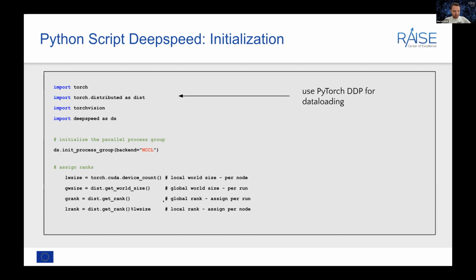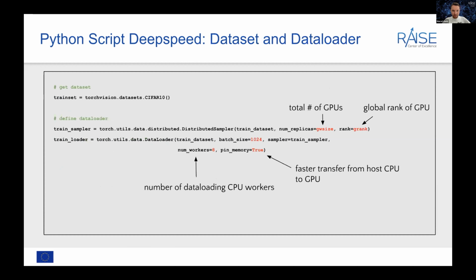And again, we assign the ranks here, as we did in the PyTorch DDP case, which we actually need for defining the data loaders. Then we again get the data set we want to run our training on, and we define the data loaders in the same way as we already did in PyTorch DDP.